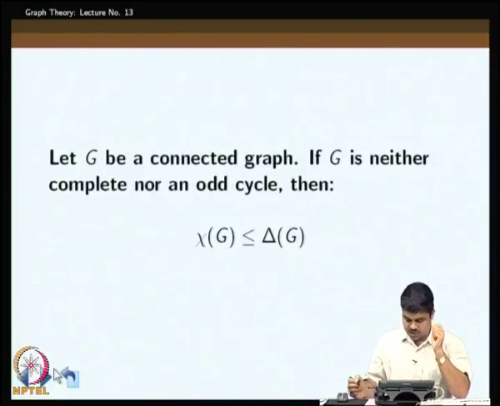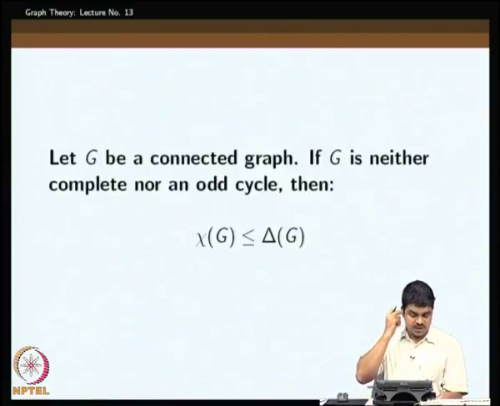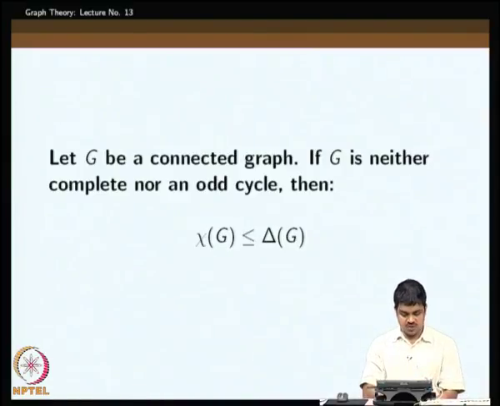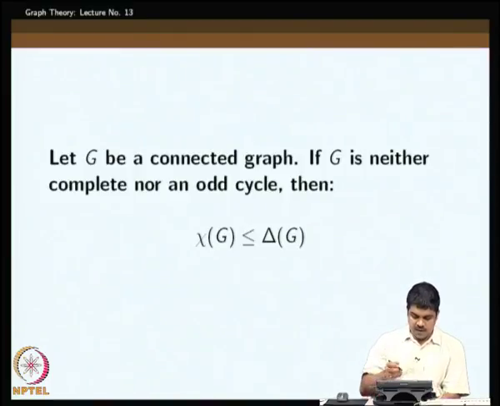This is the statement we are going to look at next. Let G be a connected graph, and if G is neither complete nor an odd cycle, then chi of G is less than or equal to delta of G. We will look at the proof of this. This theorem is called Brooks theorem, and we will study that.